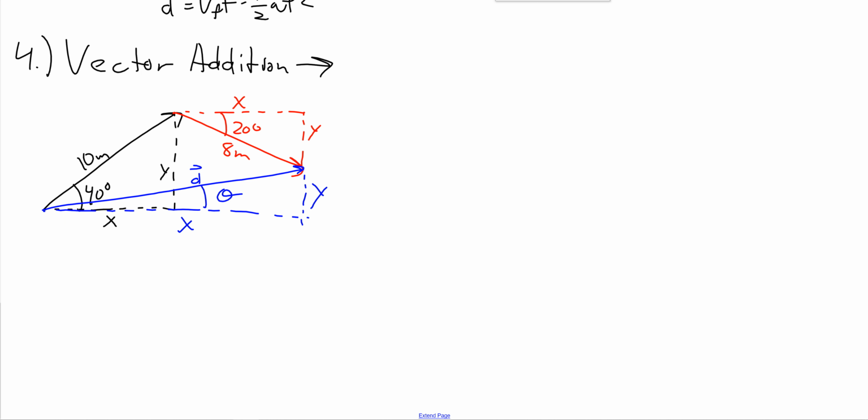I would have that first vector being 10 meters at 40 degrees north of east. My second vector would be 8 meters at 20 degrees south of east, and then the blue line is my resultant.